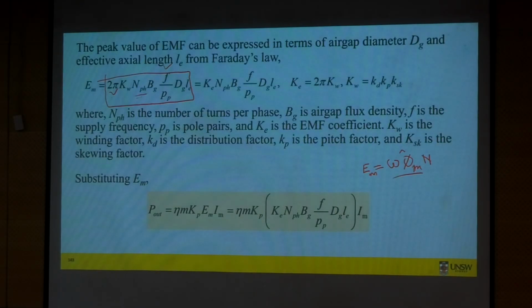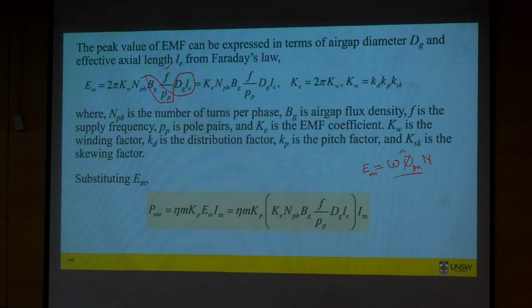So that's your number of turns in your phase, okay? And that comes from there. And then the remaining is pole pair, Bg and Dg Le, right? This part. These two. So where it is coming from, you can quite easily understand.